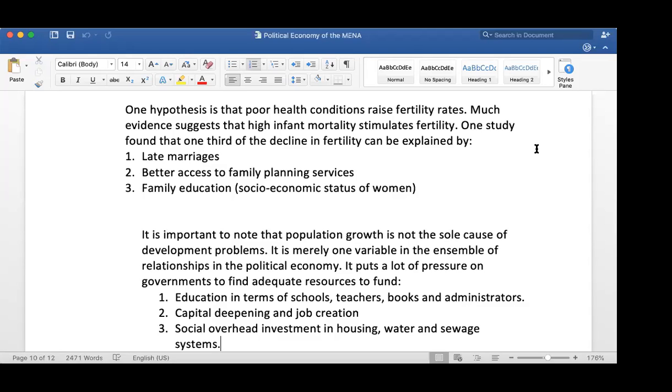So you can see that leaders in the MENA region do not have a consensus in as far as population growth is concerned. But I think these things are changing now.